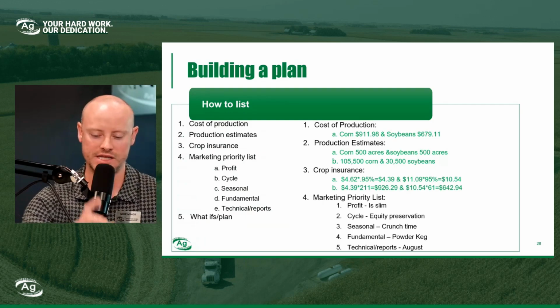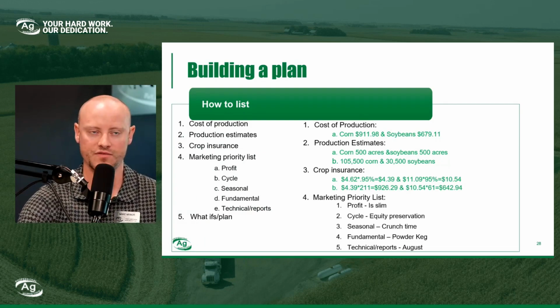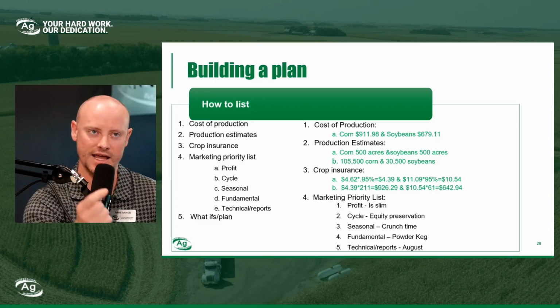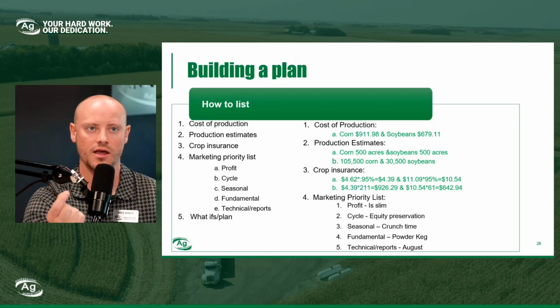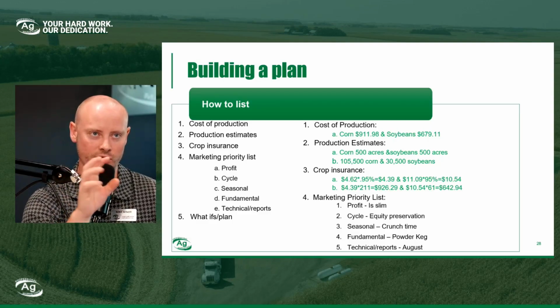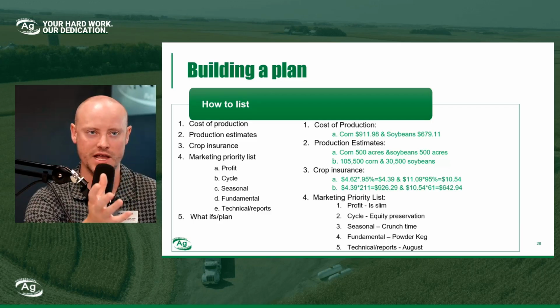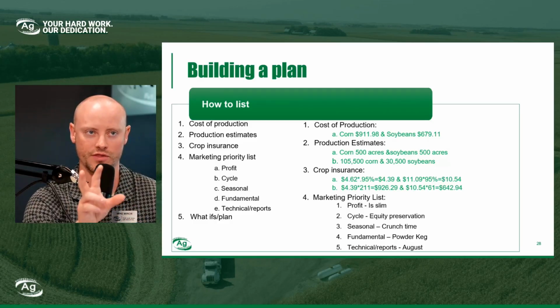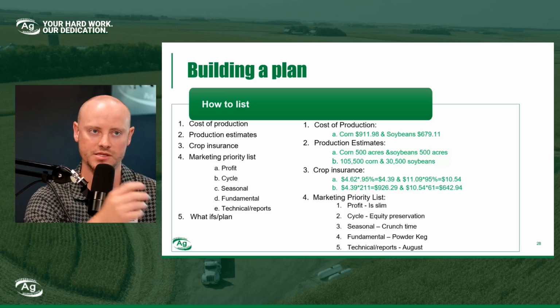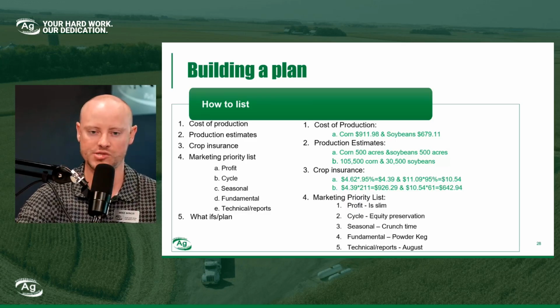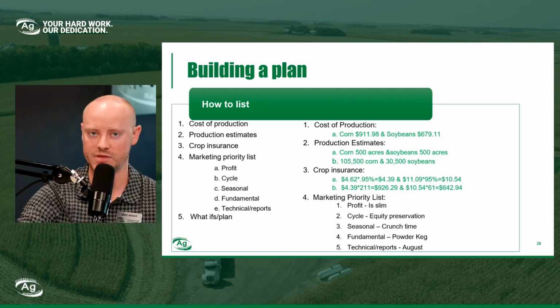In our example I used on corn and soybeans from the Iowa State data, $911 of production for corn, $679 for the soybeans. If I'm looking at a row crop situation with 1,000 acres total, 500 corn, 500 soybeans, I'm looking at about 100,000 bushels of corn and 30,000 bushels of soybeans. What crop insurance price do I have that can protect me in those situations?